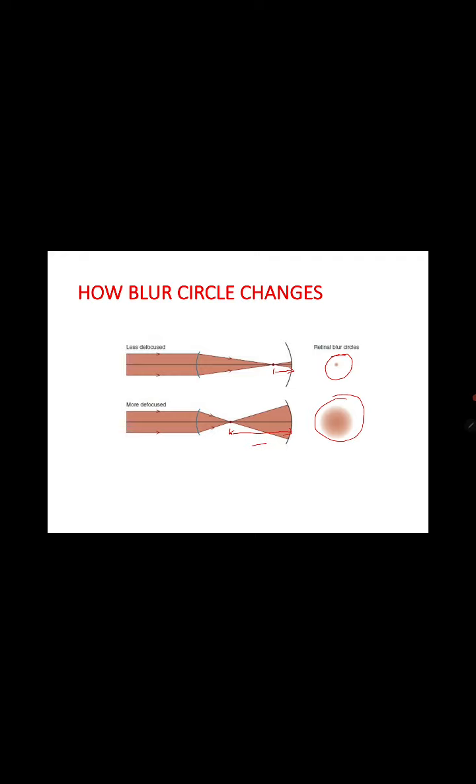In the first case the myopia is lower, so the retinal blur circle size is smaller. So it's important to understand how the blur circle changes. If the refractive error is high, then the blur circle is also larger, and if the refractive error is less, the blur circle is smaller.